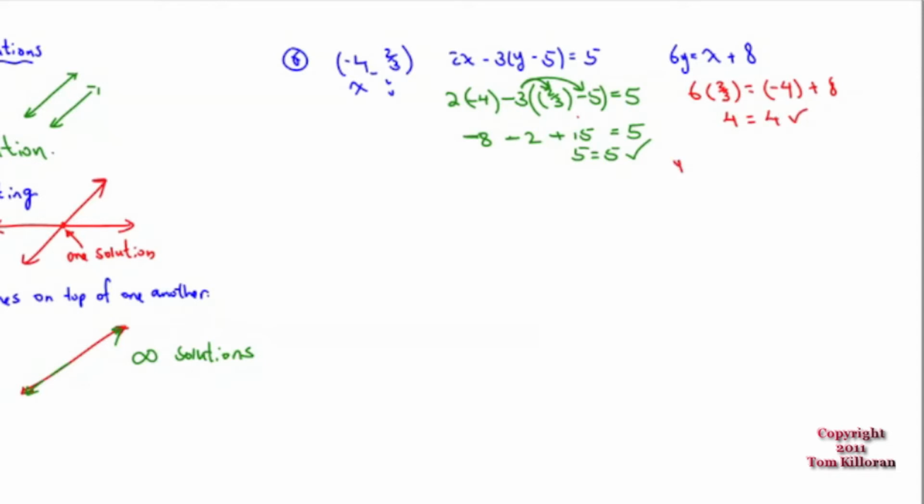So we can say yes, (-4, 2/3) is a solution. In other words, it is a point on both of these lines. It is their point of intersection. Not that bad, right? That's kind of easy. Except, I know how you all are with sign mistakes and calculation error. That's going to hold you back on some of these, so be careful.